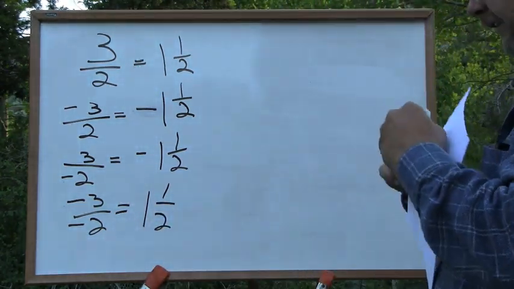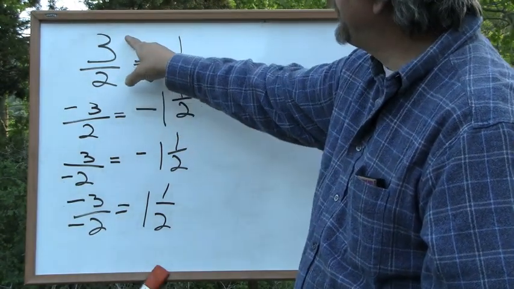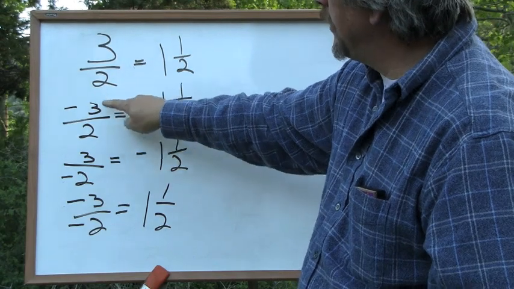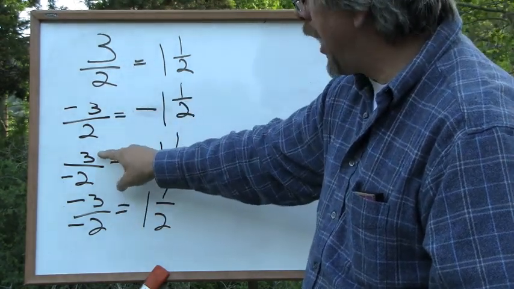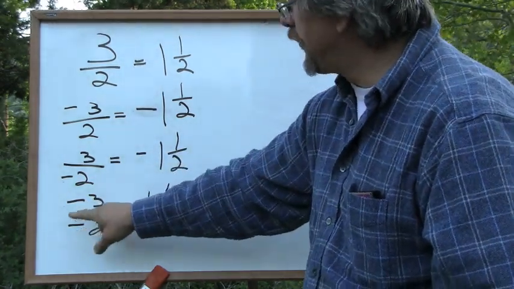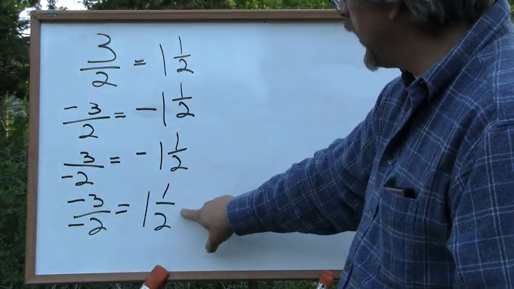The reason is the exact same reasoning as with multiplication. These are positives, therefore the answer is positive. We have one negative here, so this is going to be negative. We have one negative, an odd number, so it's going to be negative. We have 2 negatives, which is an even number of negatives in the fraction, so it will be positive.